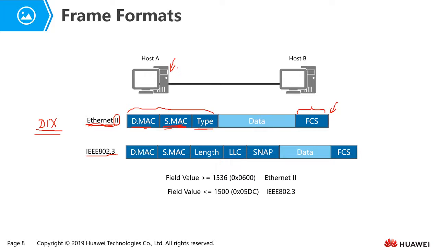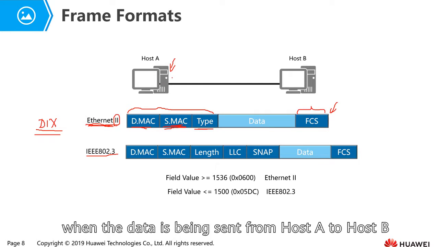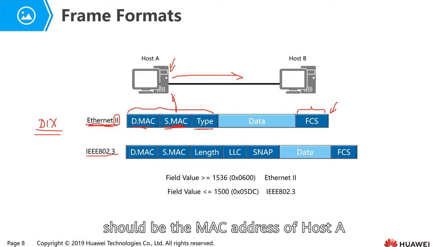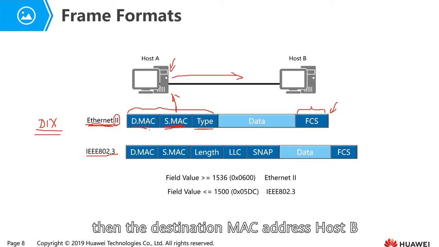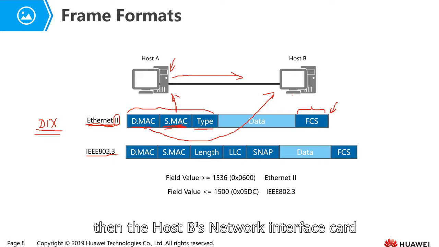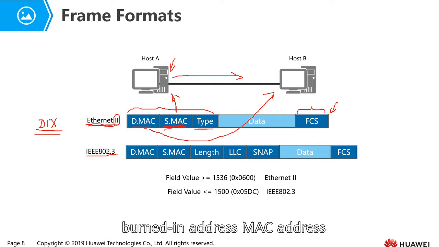So when data is sent from host A to host B, the source MAC address is host A's, and the destination MAC address is host B's network interface card's bound-in address.